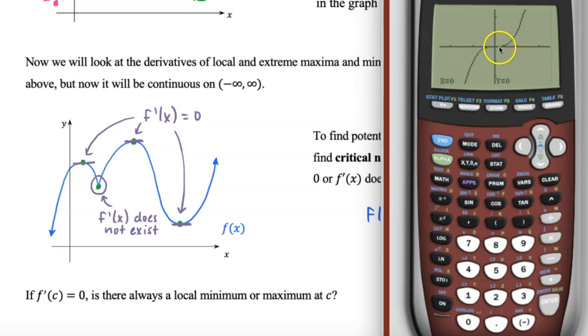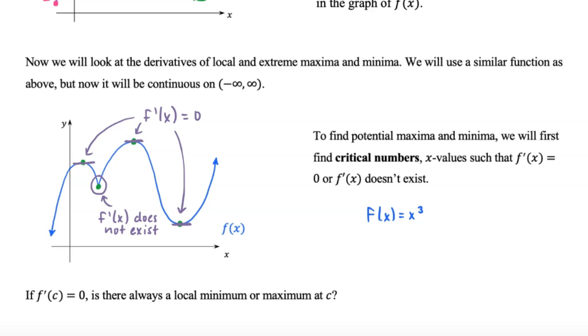It almost looks like my curve disappears, but it really just lines up with this x-axis. So this is what x cubed is going to look like. All right, let's get a rough sketch of this. All right, something like this.